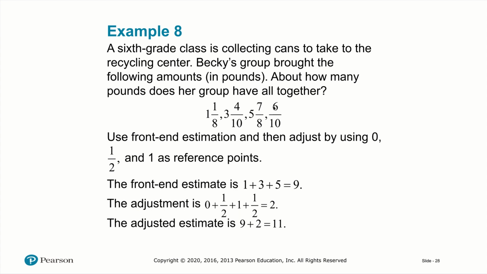And 6/10 is close to 5/10, which is a half. So adding those gives us a half plus a half, which is 1, plus 1, which is 2. So a good estimate should be 9 plus 2, which is 11. So that's kind of a quick way of estimating these fractions using front-end estimation and then adjusting for the fractional parts using the fractions 0, a half, and 1.